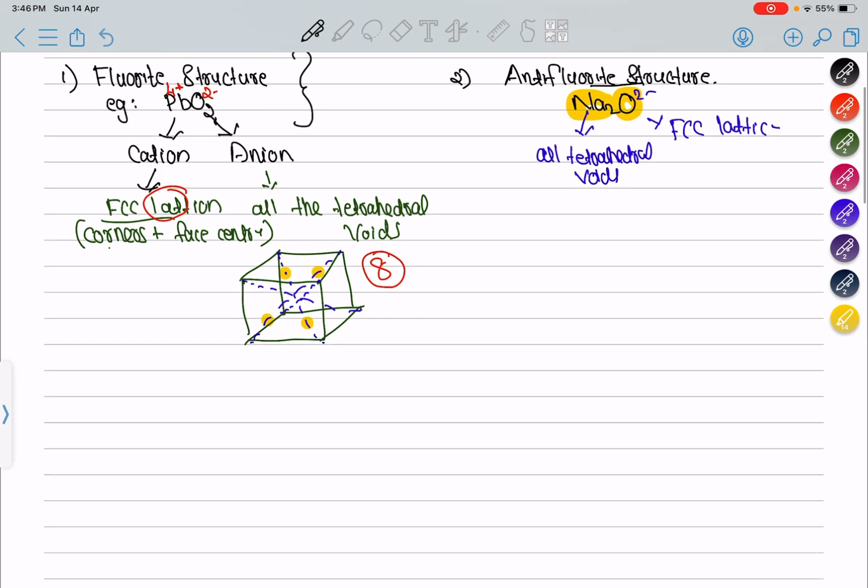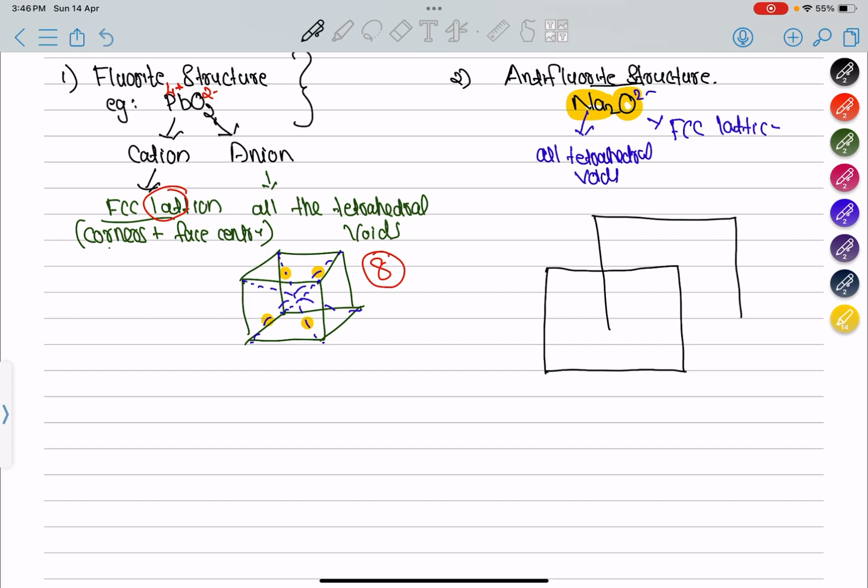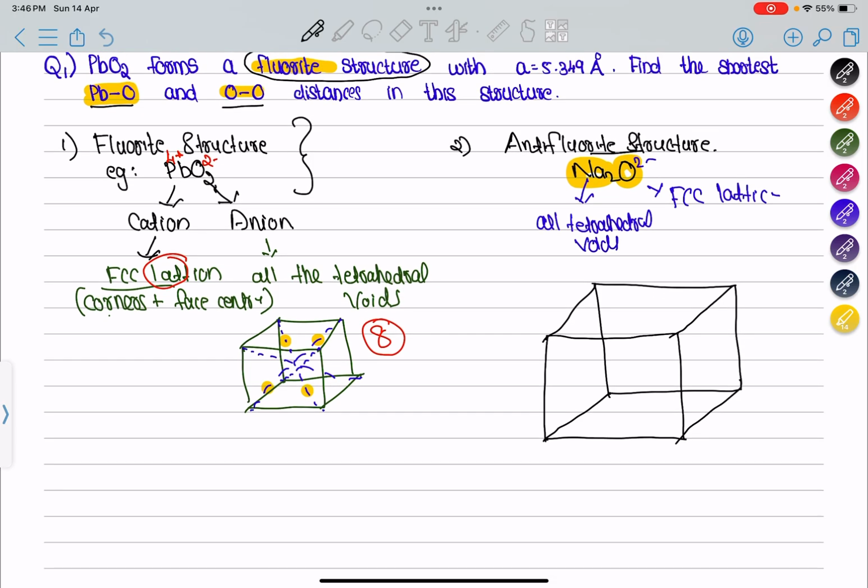So I'm going to draw the structure. This is the fluorite structure. The lead atoms form the FCC lattice, occupying the corners and face centers, on all 6 faces.